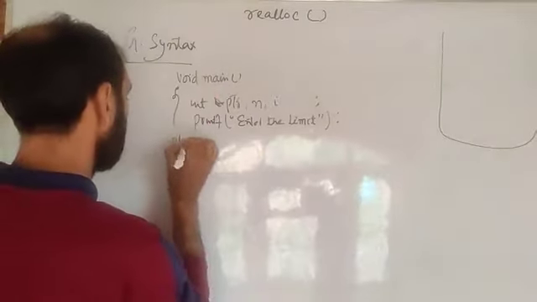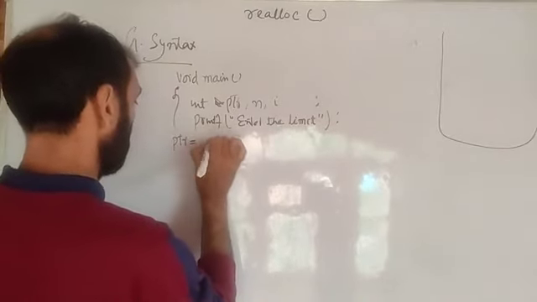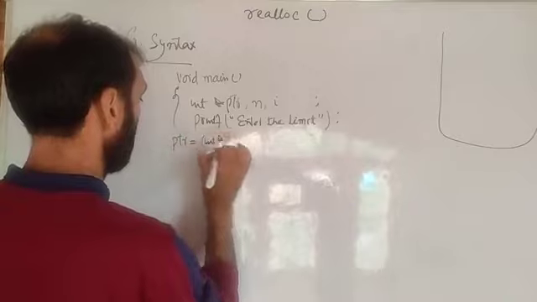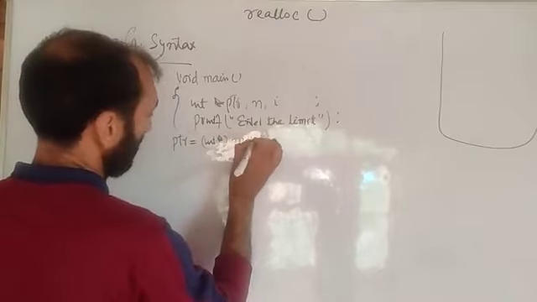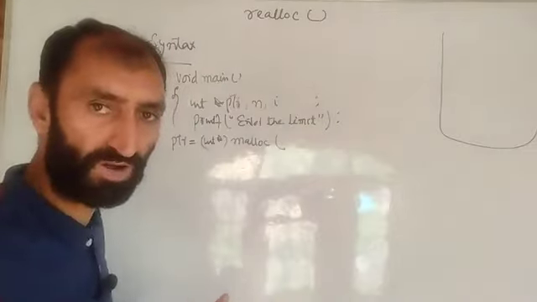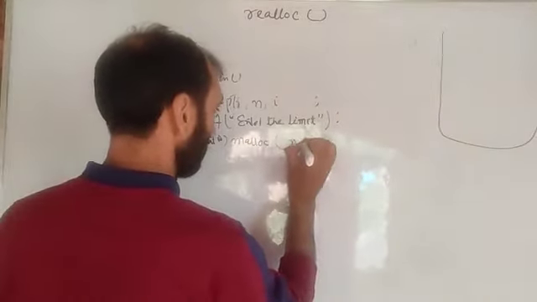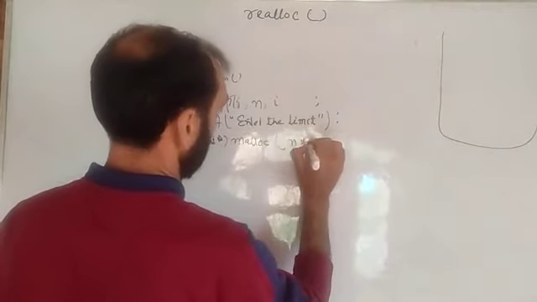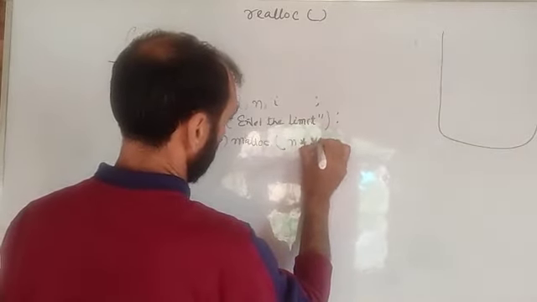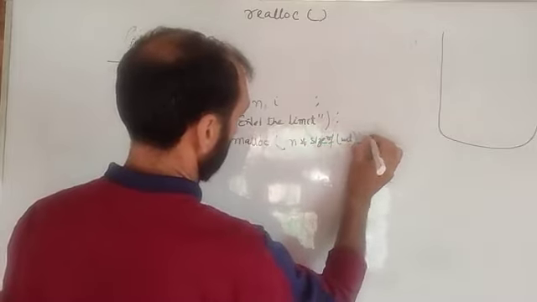Here ptr equals an int pointer malloc. Here I am going to use the malloc function. We know that the malloc function takes only one argument, that is n into sizeof(int), and that is it.